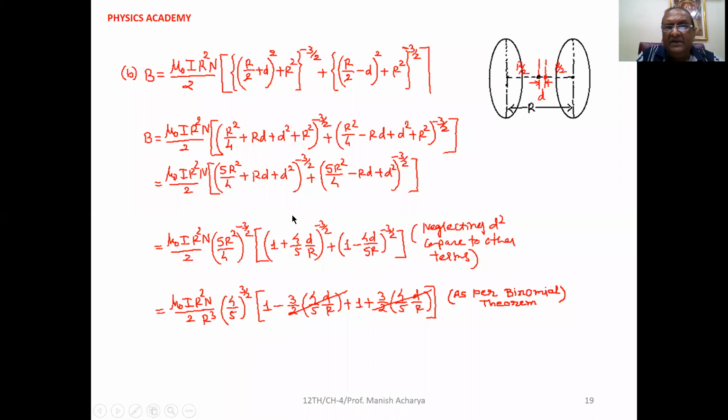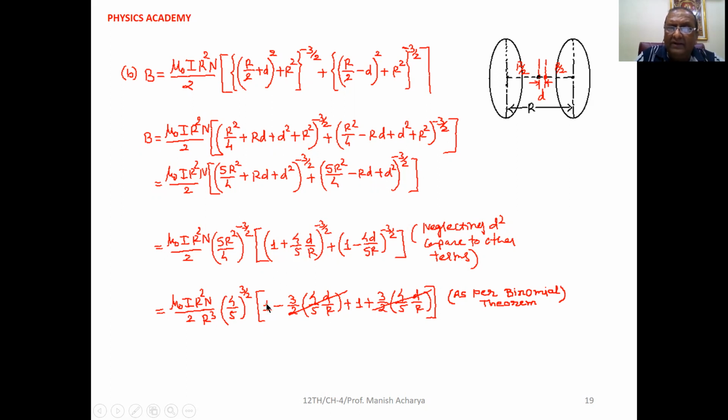Now, for these bracketed terms, you can use the binomial theorem for simplification. In the binomial theorem, the power is multiplied with the second term.